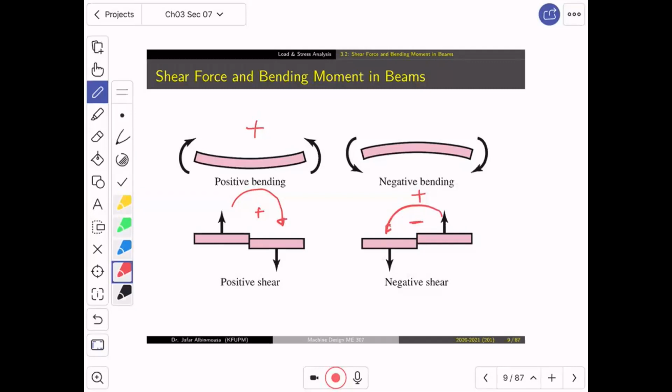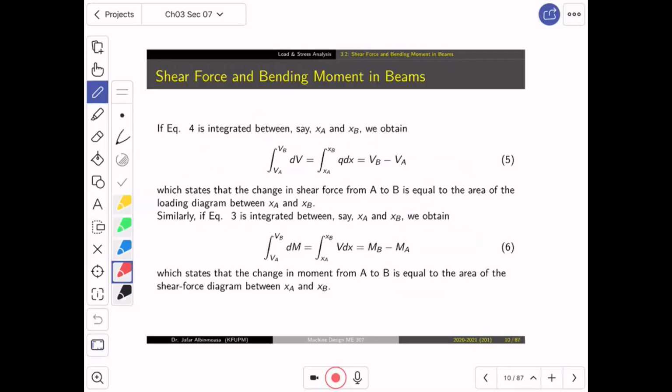Now, if you recall, the relation between the shear force and the applied load is basically represented by this relation.